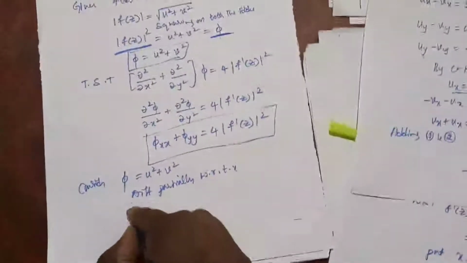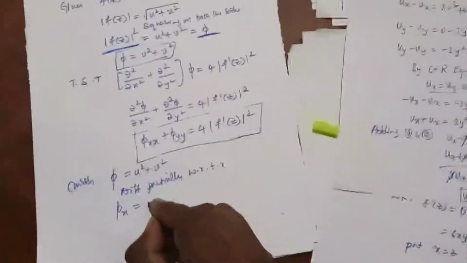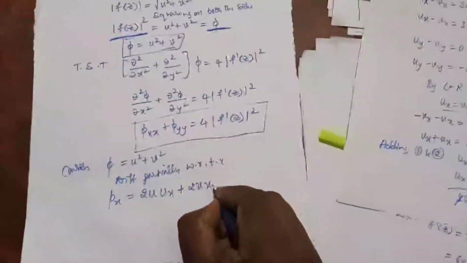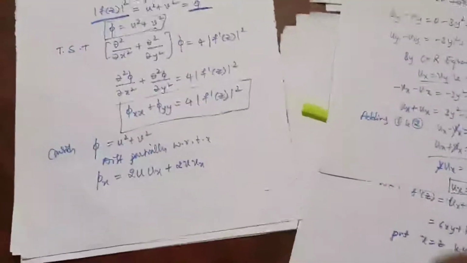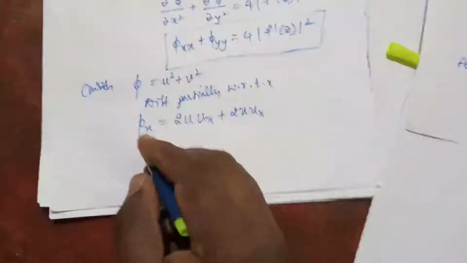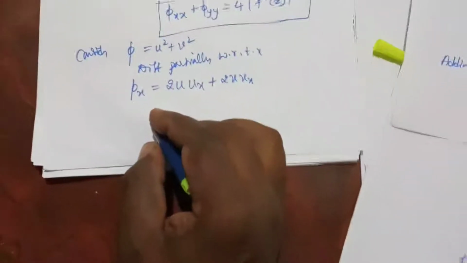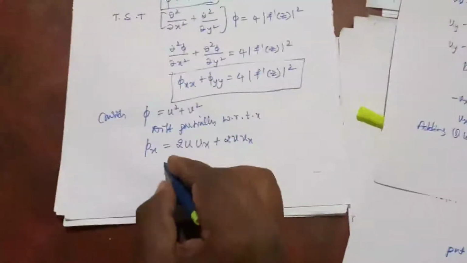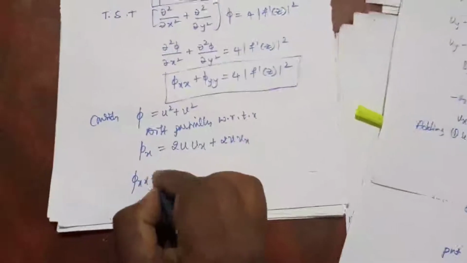So phi x equal to: u square differentiation is 2u, u differentiation is u suffix x, that is dou u by dou x, plus 2v v suffix x. Here again differentiate this partially with respect to x, that is phi xx.